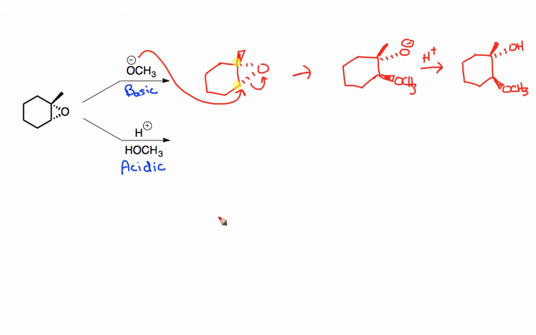Now, switching to acidic conditions, we have a change. Our first step under acidic conditions is that the nucleophilic lone pair on the epoxide gets protonated.